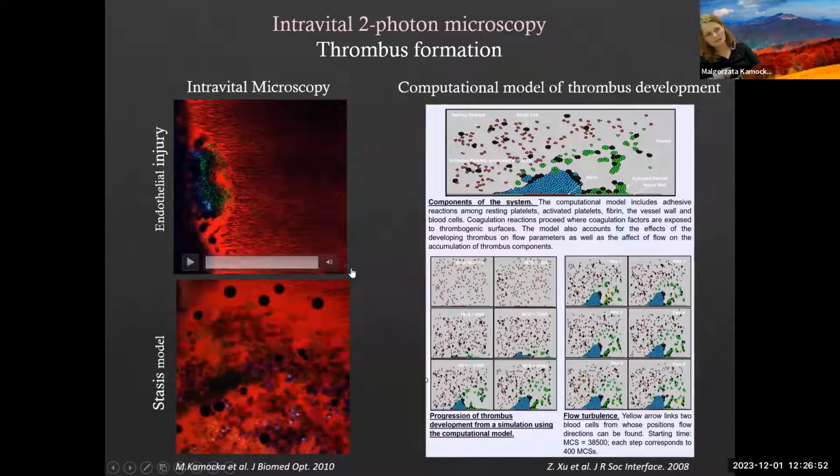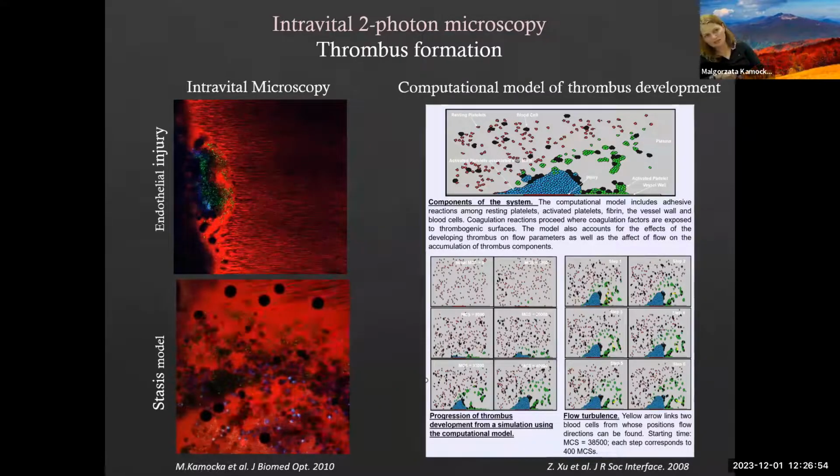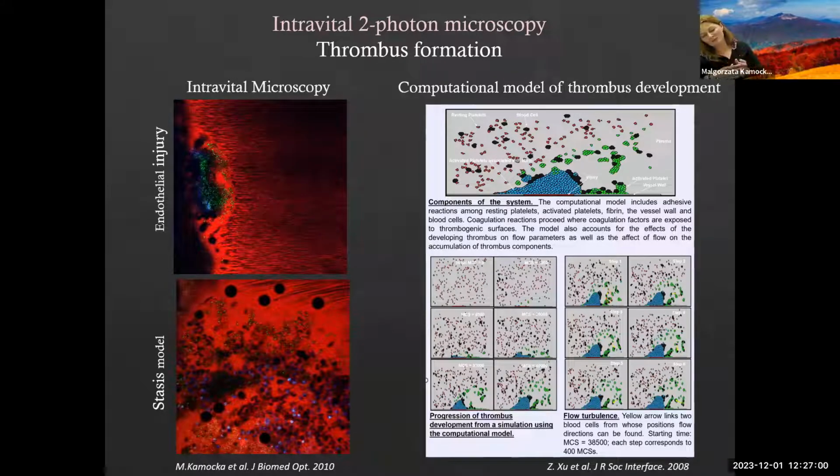This intravital acquisition was used to create a computational model of thrombus development. Basically, when we acquire images, we do some kind of processing. We analyze images for intensity or volume or distances. But in this case, we wanted to go a little farther, and we wanted to create a computational model of thrombus development, and it was a multi-scale model.